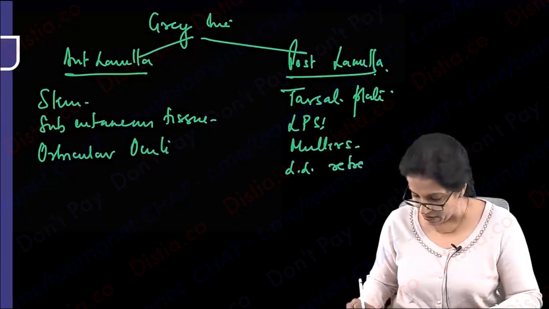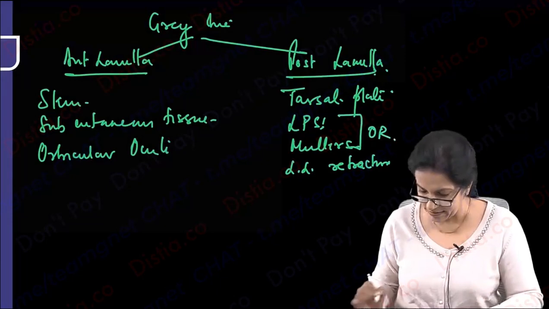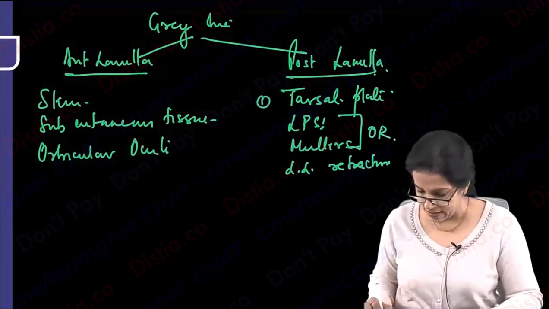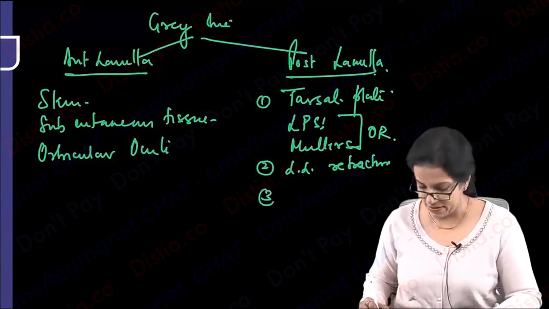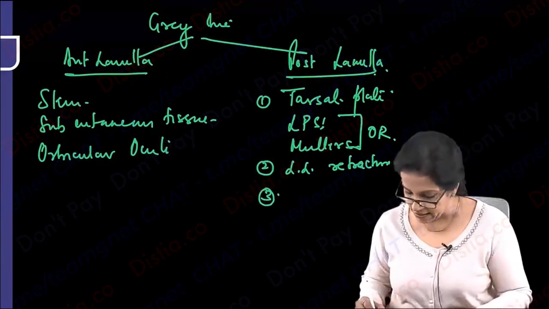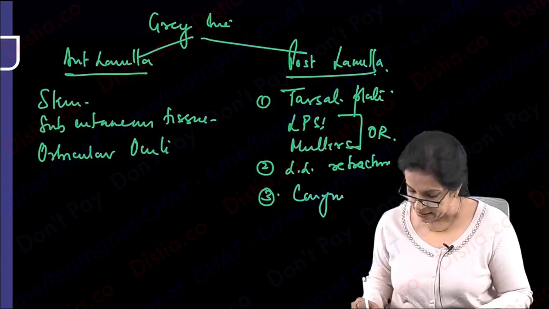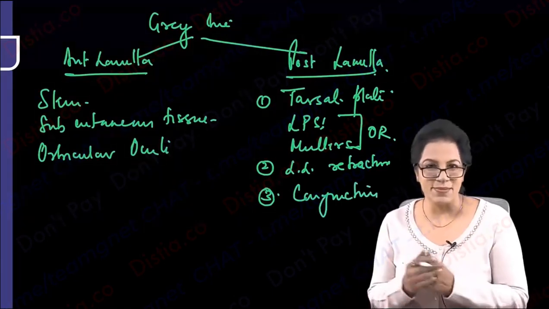So, either this or this. Right? And what next? Conjunctiva. Tarsal plate along with these meibomian glands, don't forget, and this is your conjunctiva. Last.